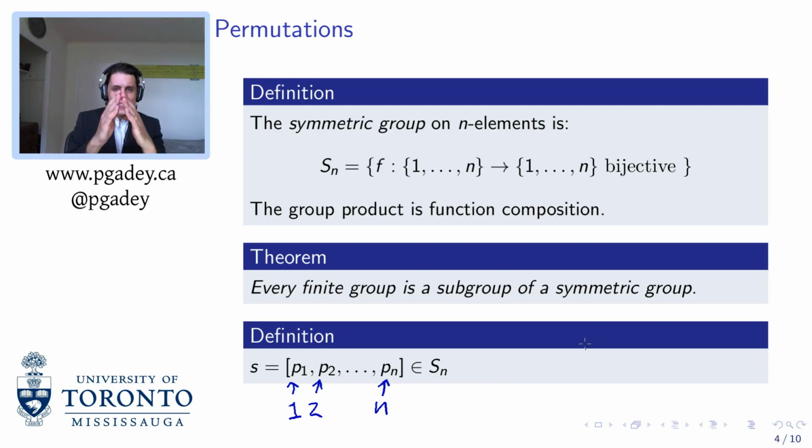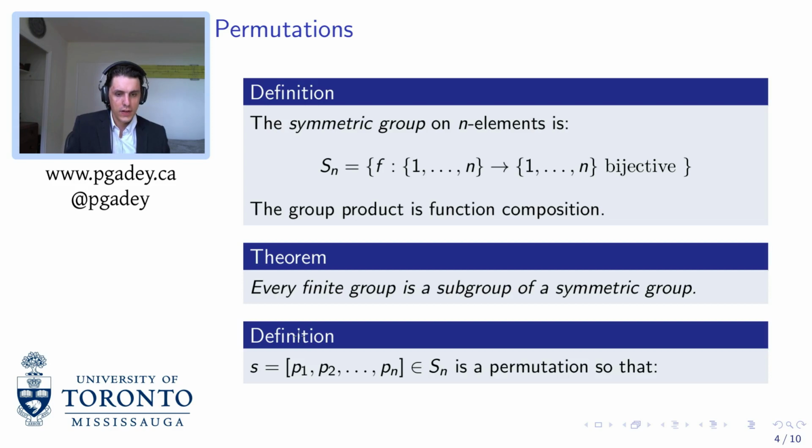So this is a very concise way of writing a table of values. We just write each entry right beside each other. And this is one way to write down a permutation. So this is a permutation such that P of k is the value of S applied to the number k. Okay, let's have a look at doing a calculation with this.